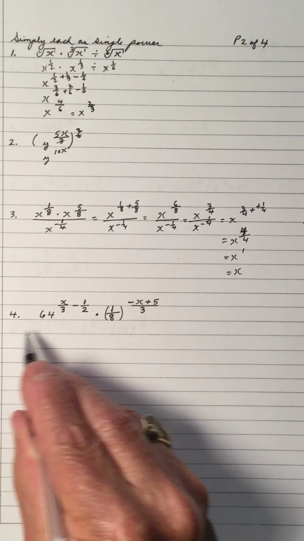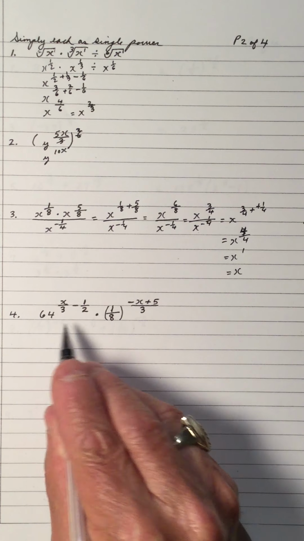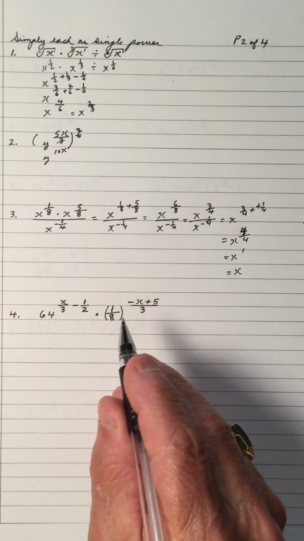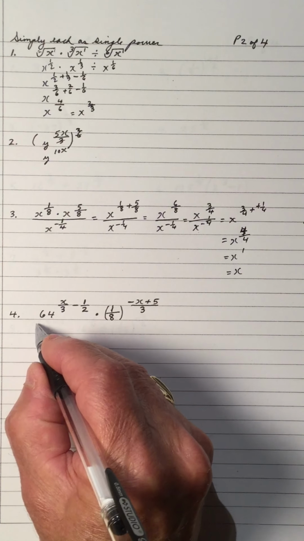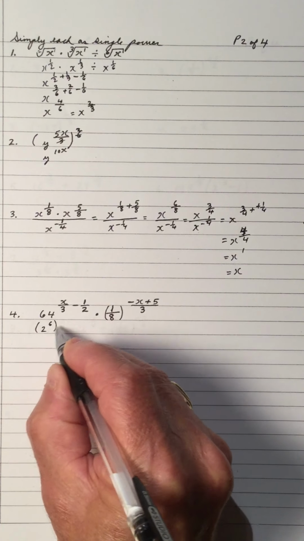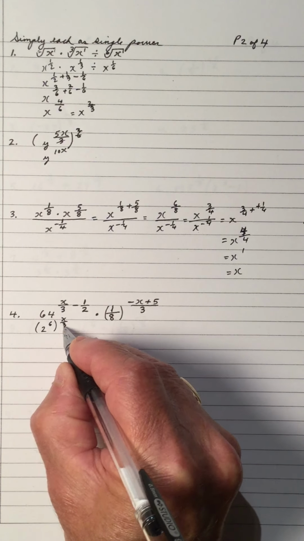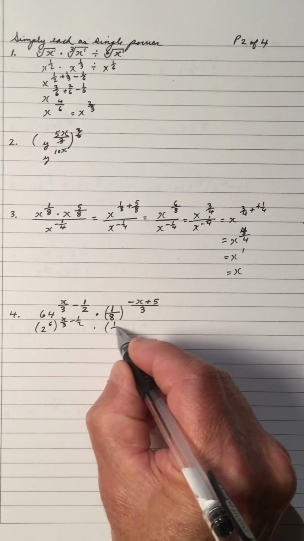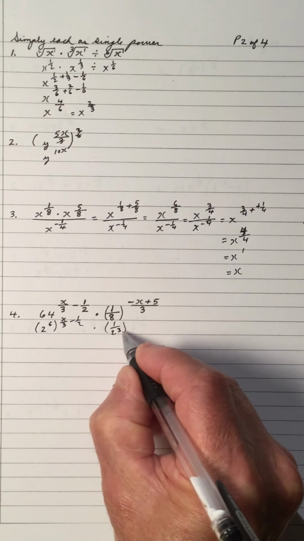And number 4, we're multiplying these, so we can't multiply them right now because we need the same base. So 64 is 2 to the 6th. 8 is 1/2 cubed.